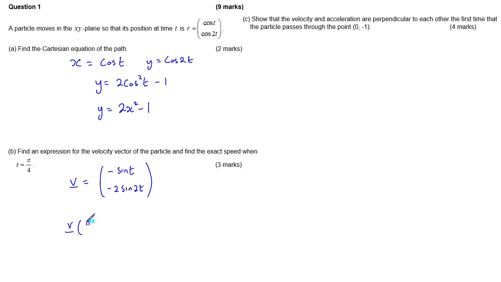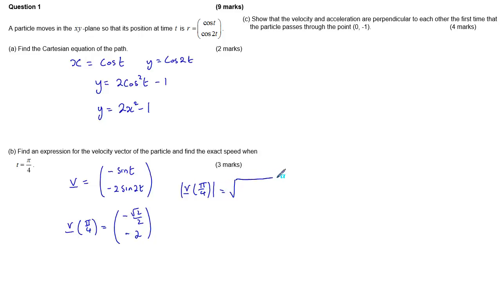So v of pi by 4 would be, sine pi by 4, which is root 2 over 2, so negative root 2 over 2. And 2 lots of pi by 4 is pi by 2. Sine of pi by 2 is 1, so that's negative 2. So the modulus of that would be the speed.